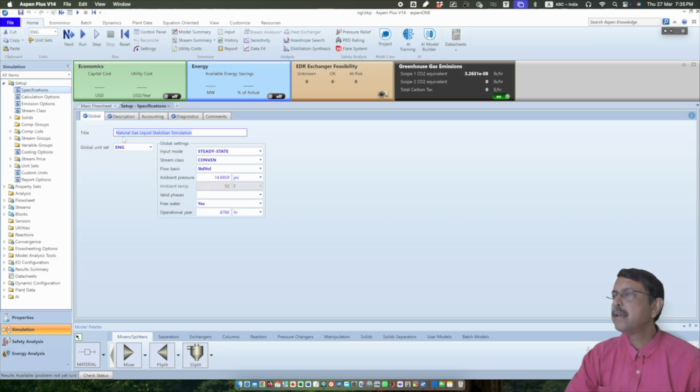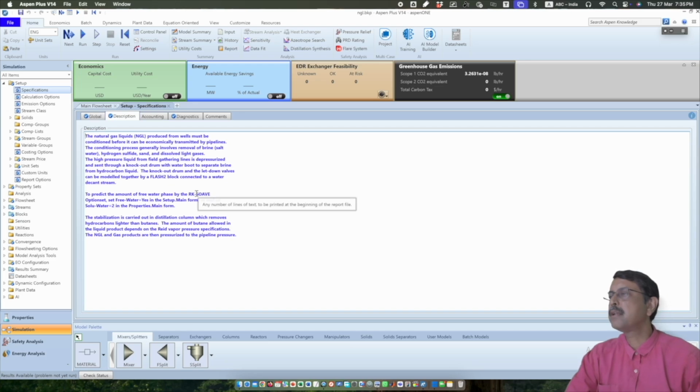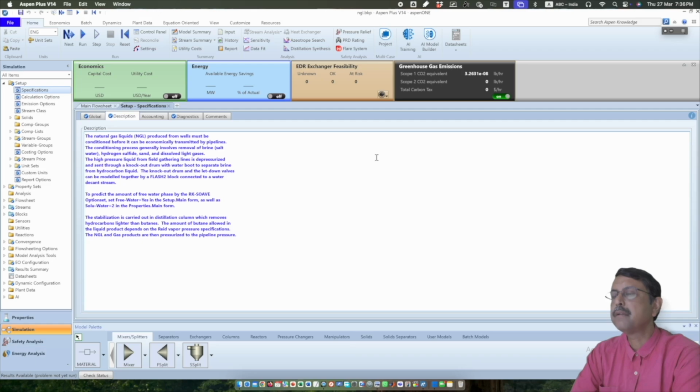It says natural gas liquid stabilizer simulation. Let us see the description. The description reads, the natural gas liquids produced from wells must be conditioned before it can be economically transmitted by the pipelines. So the conditioning process generally involves removal of brine, that is salt water, hydrogen sulfide, sand, and dissolved light gases.